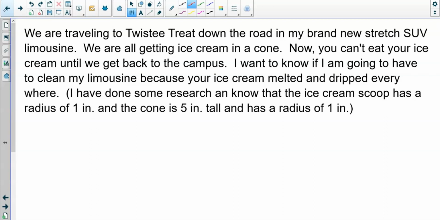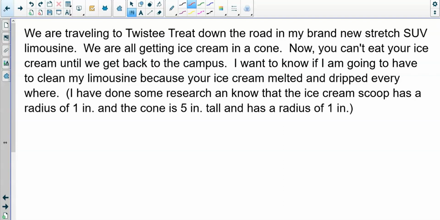So here's the thing. Because I love my limousine more than anything, and I'm going to buy you ice cream, you cannot eat your ice cream in my limousine. That means you have to wait until we get back here to campus before you start eating that ice cream. I don't care what you say. You are not eating in my Stretch SUV limousine. I'm not cleaning up ice cream in my car.